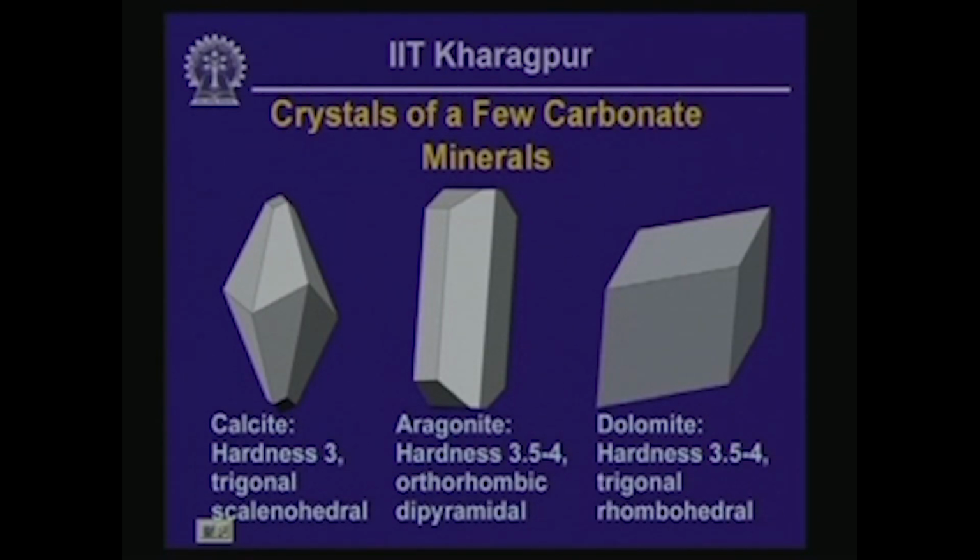Now, as I indicated earlier, I gave you the example of two polymorph minerals, calcite and aragonite, and these two are shown schematically on this slide.